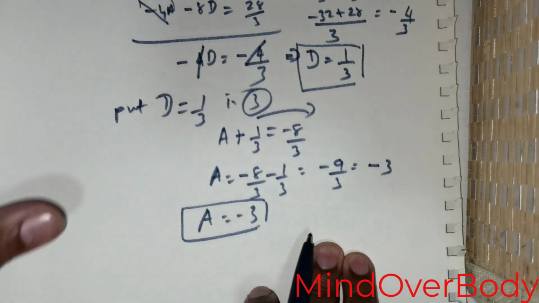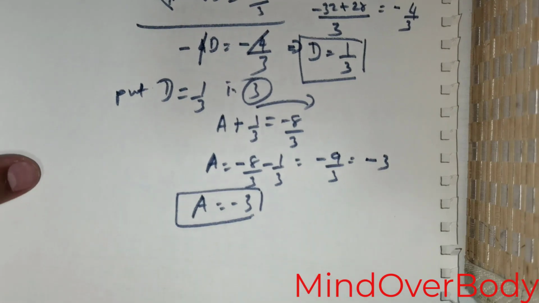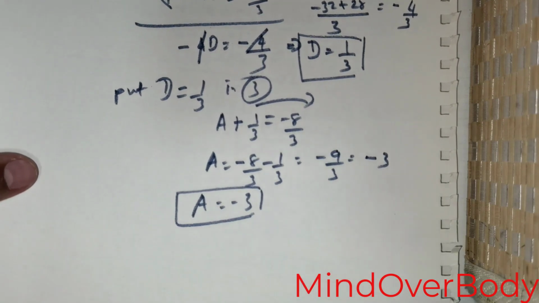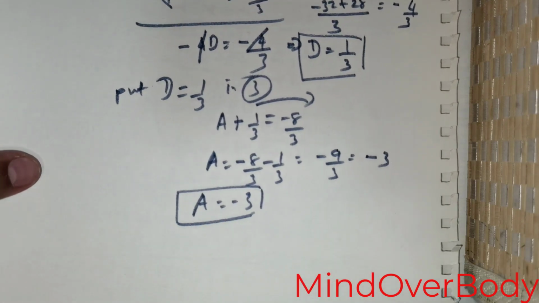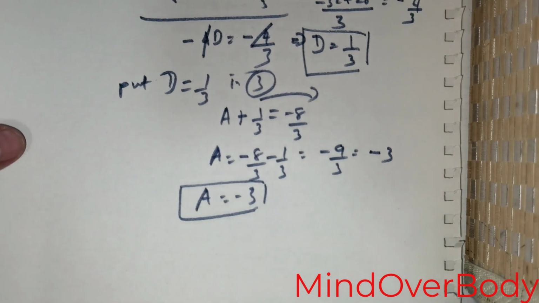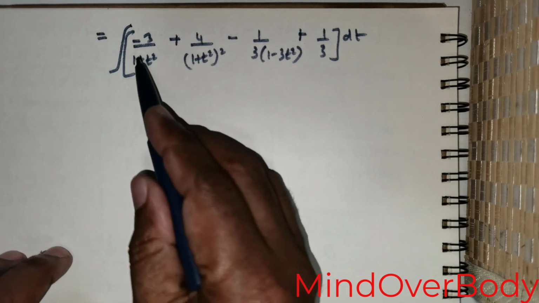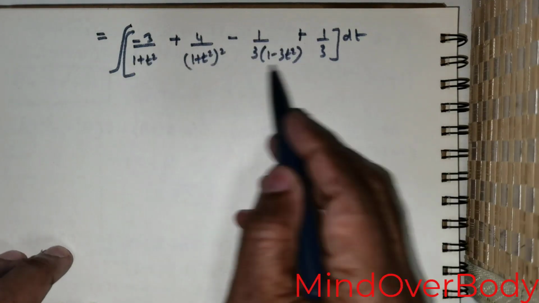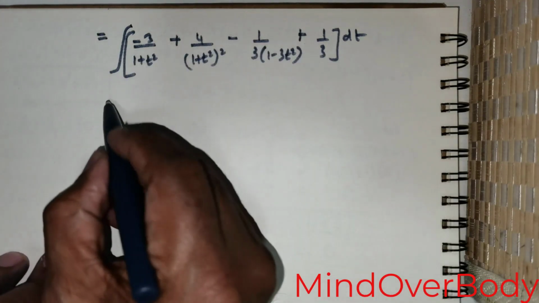I've got the values of a, b and c and d, and now all it remains is to substitute it in the partial fractions that we have extracted and then integrate. Substituting the values of a, b, c, d, we get this, and all we need to do is to integrate.